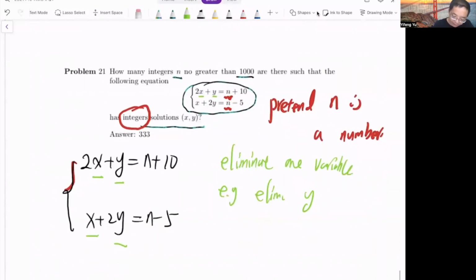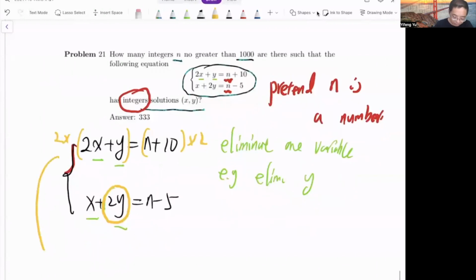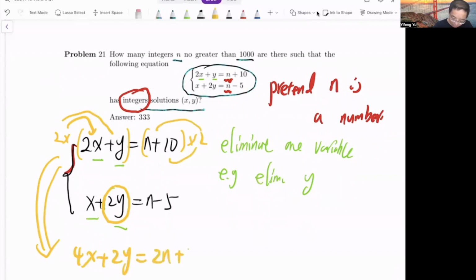So how should we eliminate y? Here, what we have is 2y. So what we do is multiply the first equation by 2. And this will give us 4x plus 2y equals 2 times n plus 10, so this is 2n plus 20.